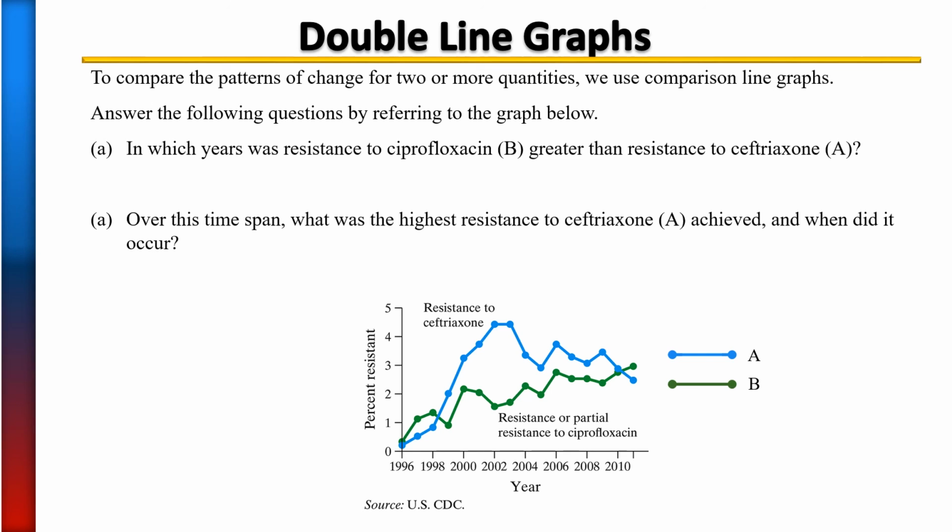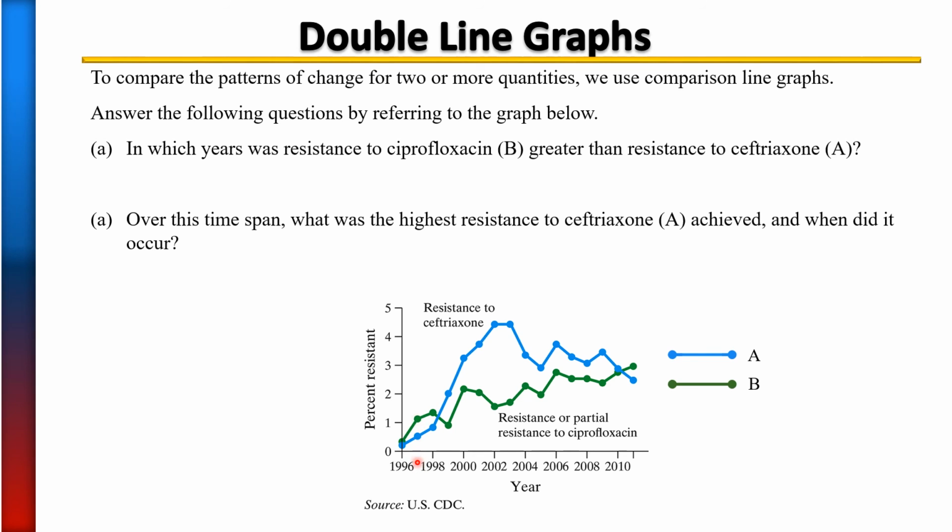So you're looking on the double line graph to see at what point the green line, meaning Cipro, was greater than the other medication. Let's look for all the points. What was it at 1997?